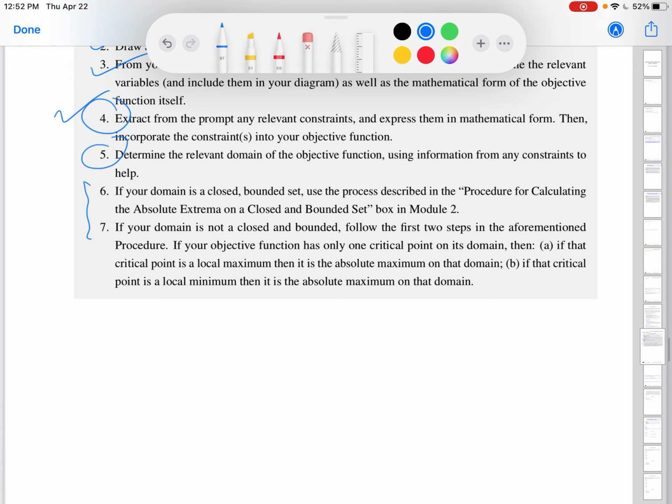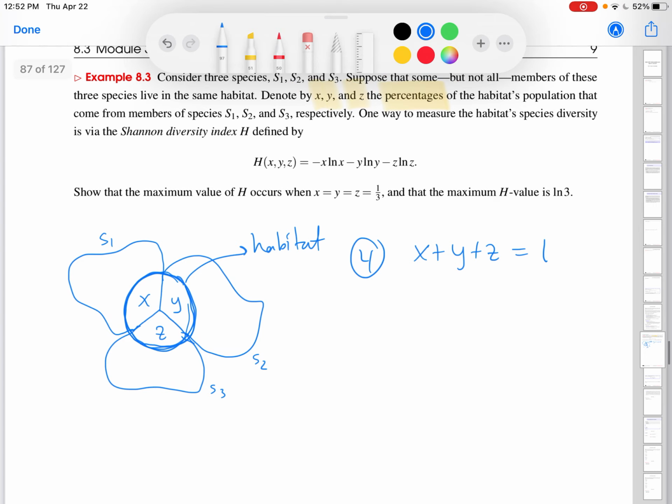And then number 5, determine the relevant domain of the function using any constraints. Okay. I skipped this last little step, which I'm actually going to do, and listen to my own summary here, procedure. I'm actually going to take these constraints and substitute them into the function to simplify the function.